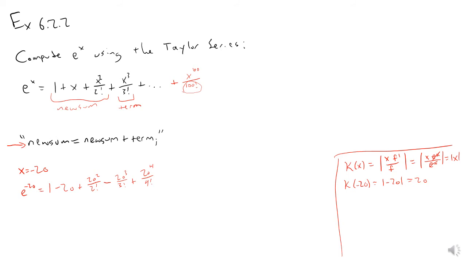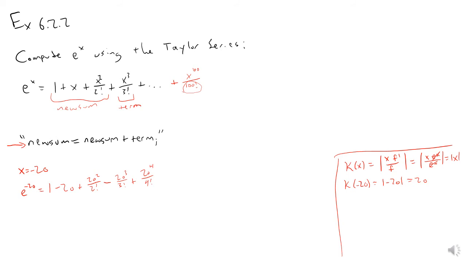We don't want huge condition numbers. We want our condition numbers to be fairly small, and 20 is reasonably small. So our relative condition number is good. So that tells me that this function e to the x at negative 20 is well conditioned.